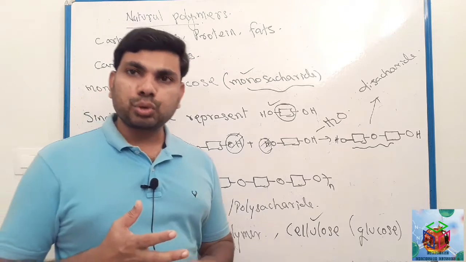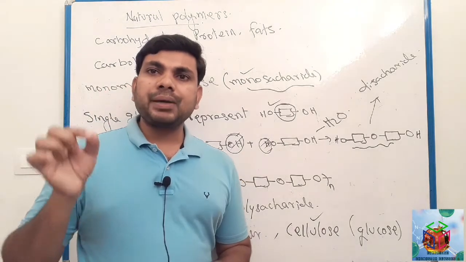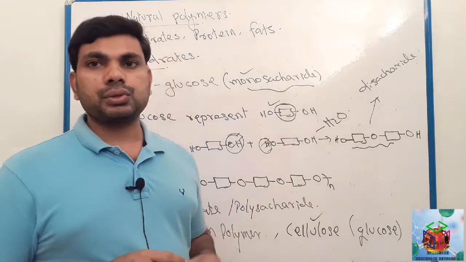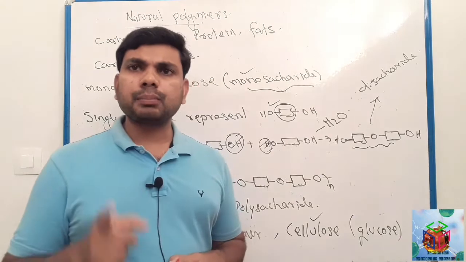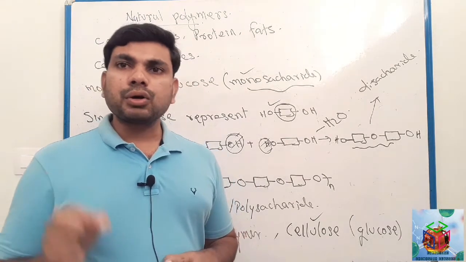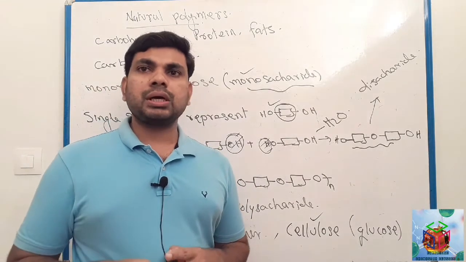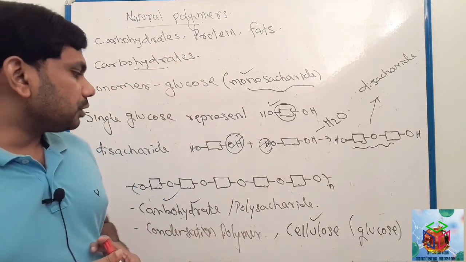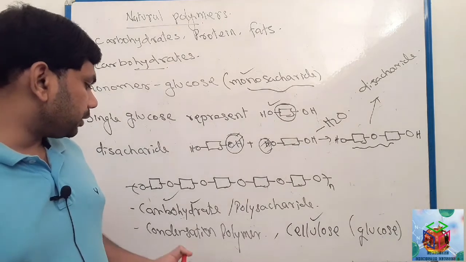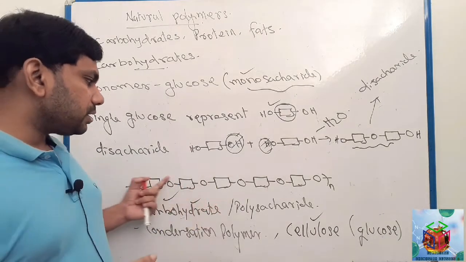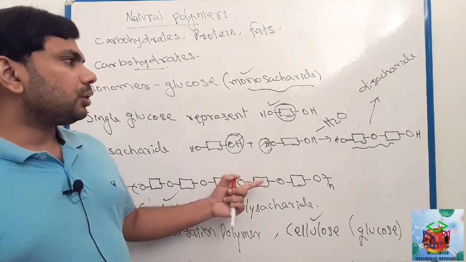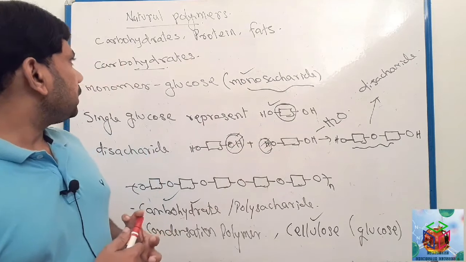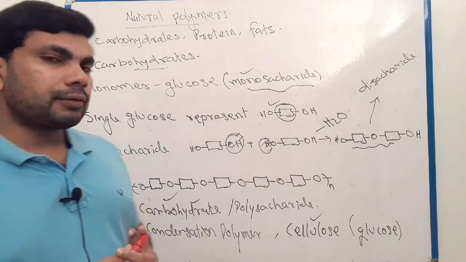The monomer of cellulose is also glucose. Monomer of carbohydrate is glucose, monomer of cellulose is glucose. These are the things we have to understand: carbohydrate, the monomer of carbohydrate, the structure of carbohydrate, disaccharide, polysaccharide.